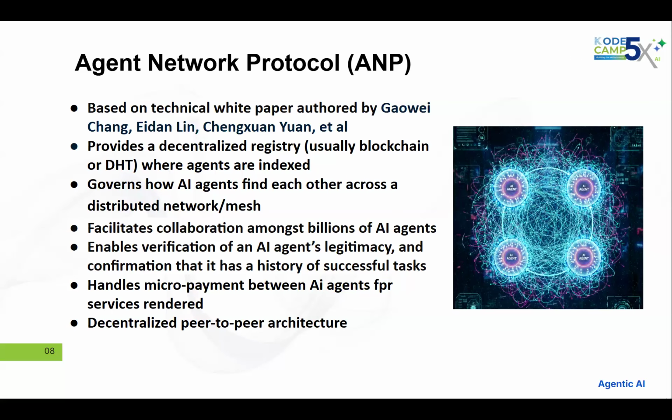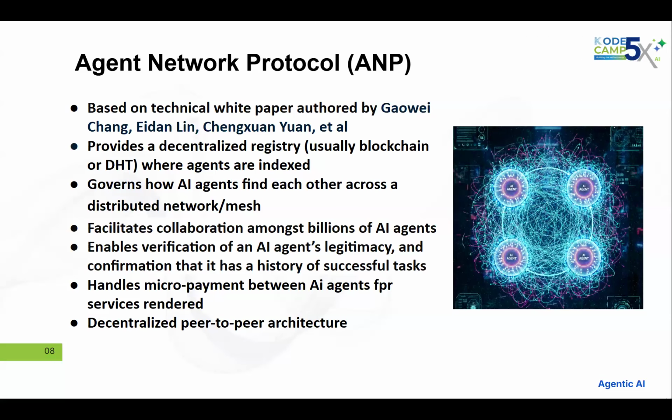Let's say I need an agent that can help me book flights, or book cheap flights reliably. You can give your agent that requirement, and your agent can search on that registry and find an agent that can provide the capability you need.